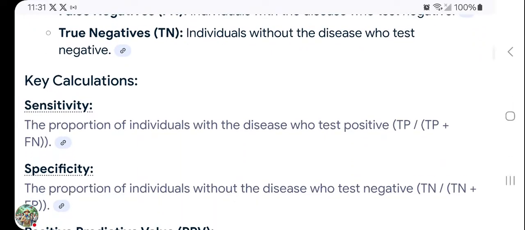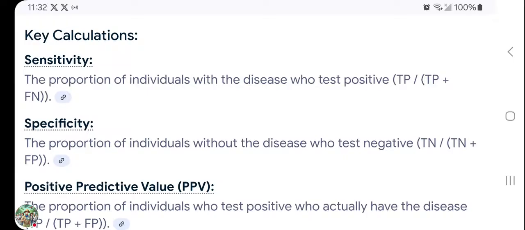So the calculations. Sensitivity, like we said, is the first column: the proportion of individuals with the disease who test positive. Keep in mind this is a proportion, a ratio, a rate. It's also called the true positive rate. It's true positive over true positive plus false negative, which is cell number 1 over cell number 1 plus cell number 3.